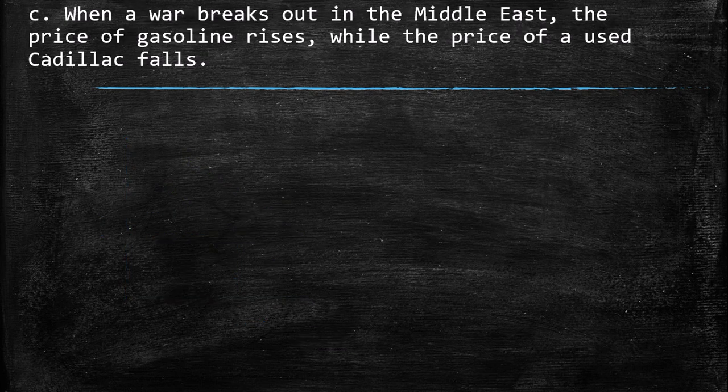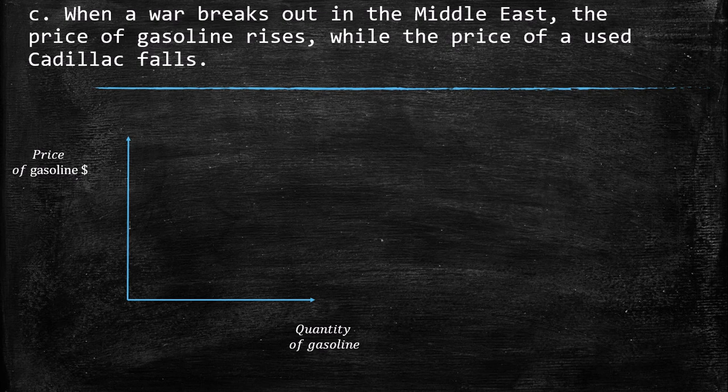The next point: when a war breaks out in the Middle East, the price of gasoline rises, while the price of a used Cadillac falls. So why? First, I'm in the gasoline market. So here is the initial equilibrium, Q1 and price 1.